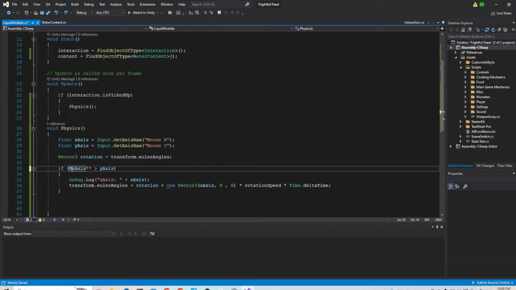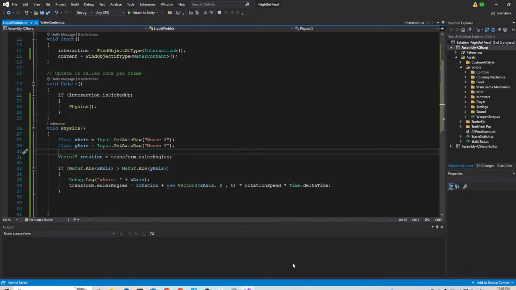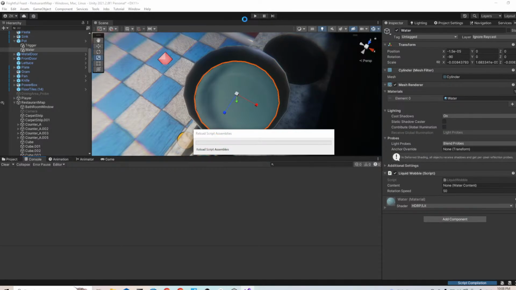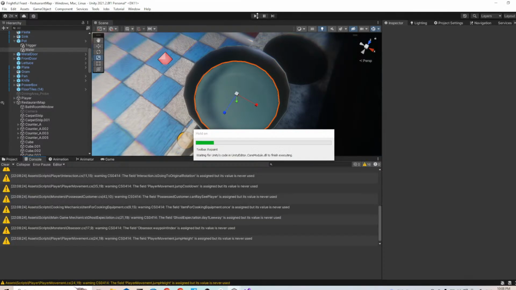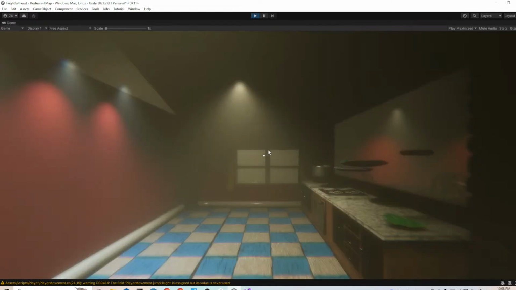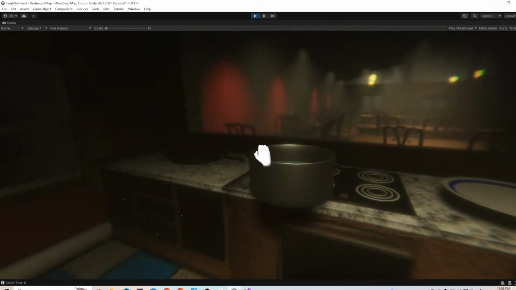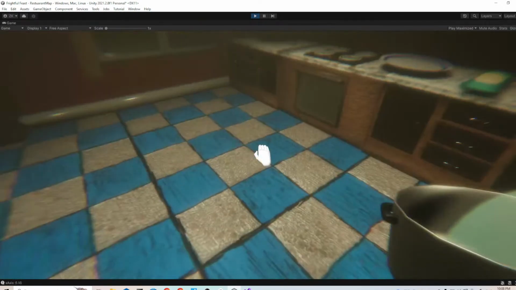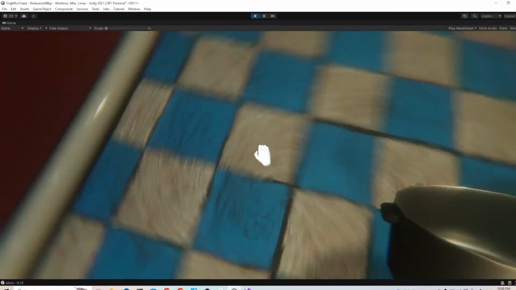Forgot about Mathf. Alright, now it shouldn't worry about positive or negatives. Okay, so it should rotate either way. There we go. That... Why?